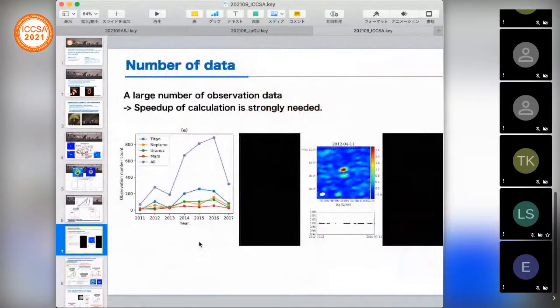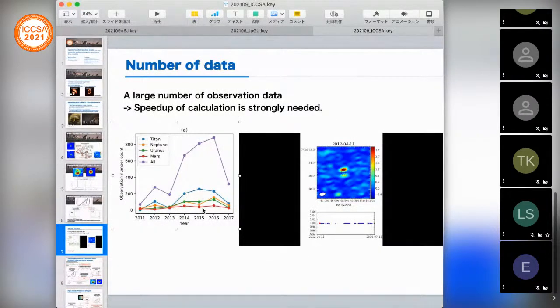And because we have so many observation data, like this, y-axis is number of observations and x-axis is year, and blue indicates Titan's observation data.